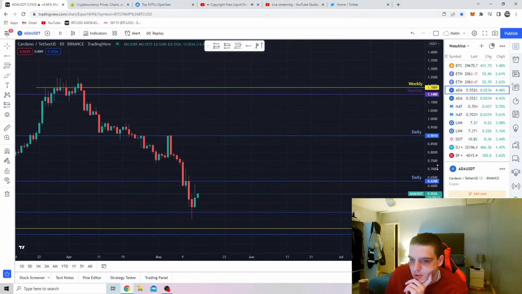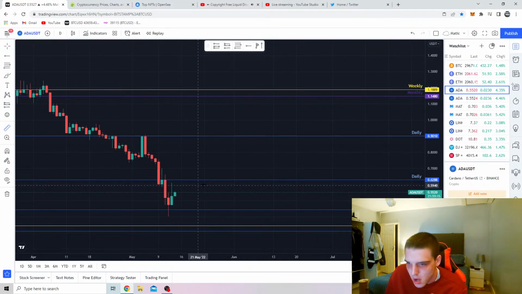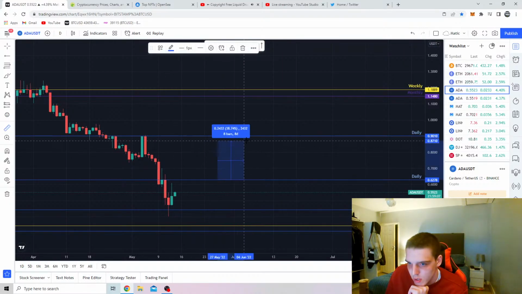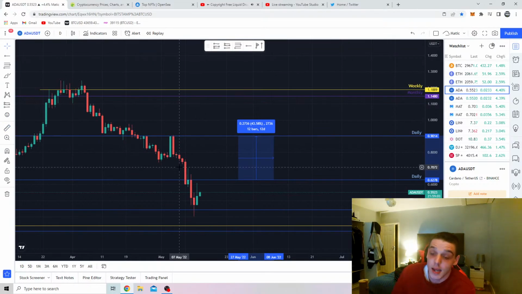For example, cryptos like Cardano. It just depends how long it would take. But with cryptos like Cardano, obviously if Bitcoin finishes above 31,000, then look at how much room it has to grow before it has any major resistance.